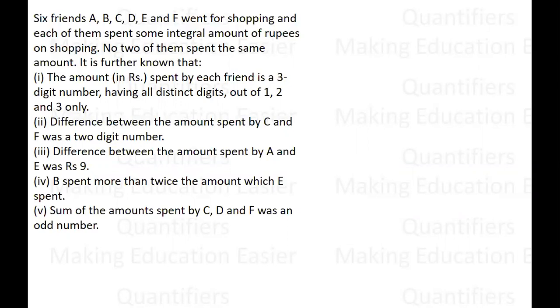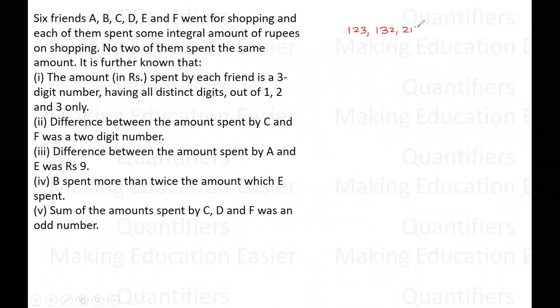So it means that the money spent will be 123, 132, 213, 231, 312 and 321. So these could be the amounts which these six people can spend.